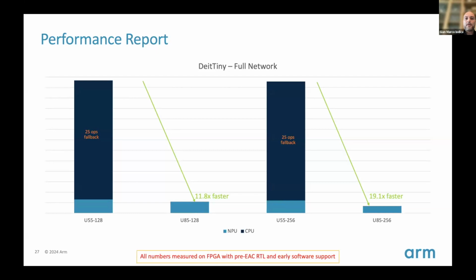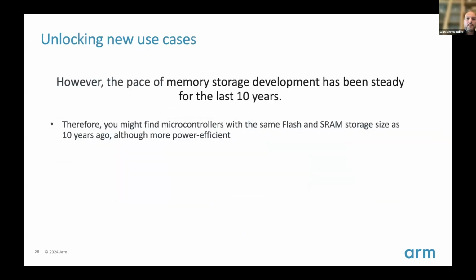However, what can we tell about the memory? Well, memory did not evolve at the same speed. I would say that the pace of memory storage development has been steady for probably the last 10 years. We have seen compute capabilities evolving quite fast, with microcontrollers much more efficient.